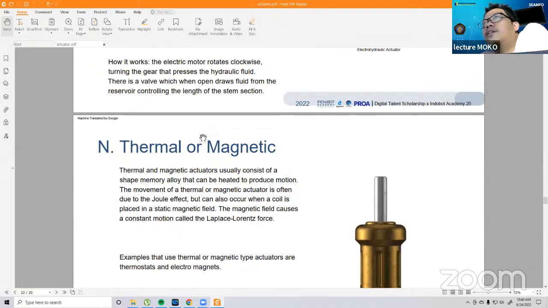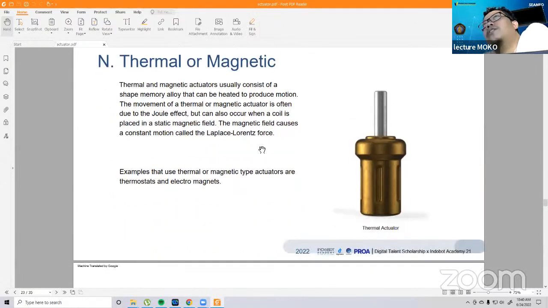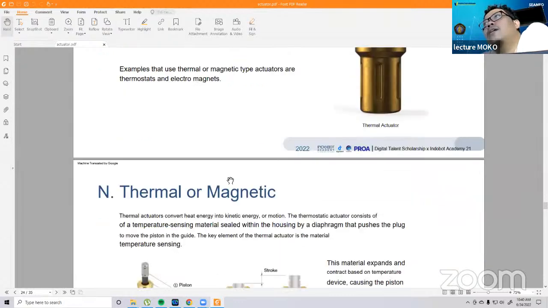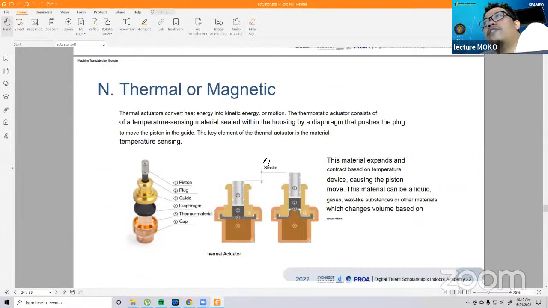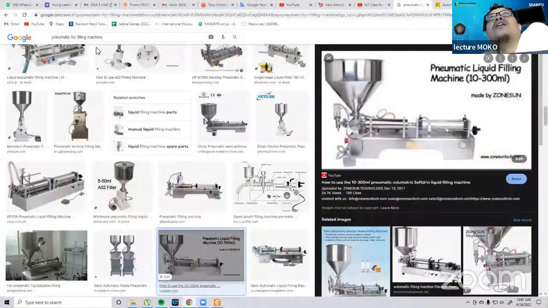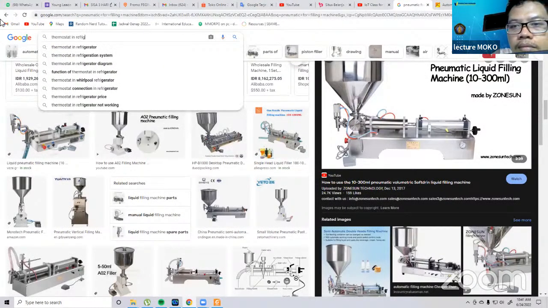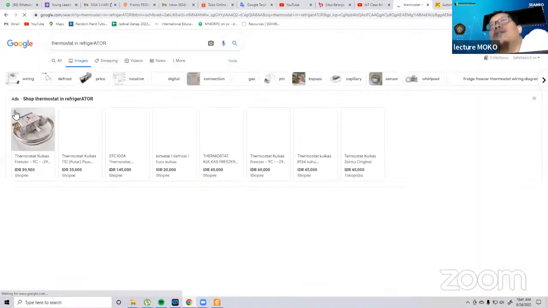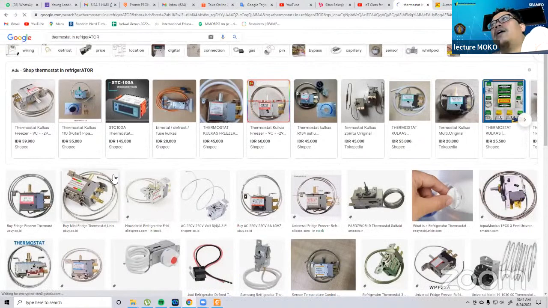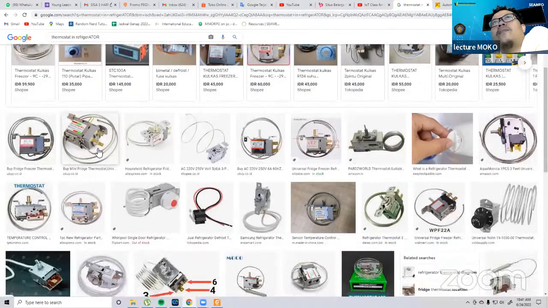And another source of power for an actuator is a thermal system. We can find this system in our refrigerator. I think every one of you has a refrigerator. Refrigerators use this type of actuator. We call it a thermostat. The thermostat in the refrigerator uses a mechanism with a thermal source.